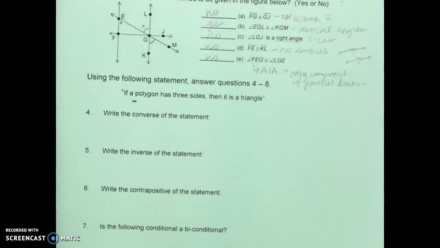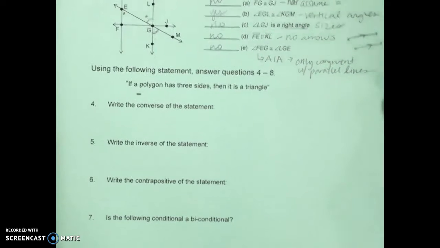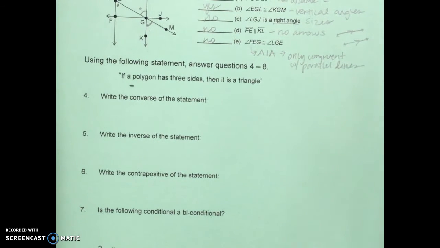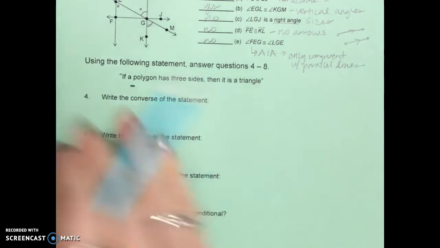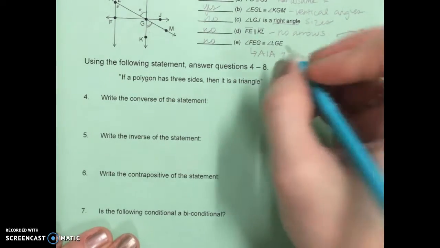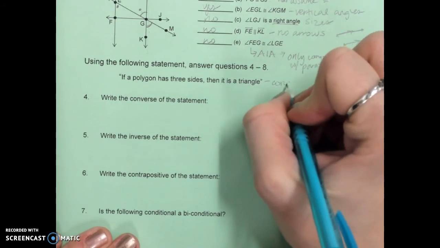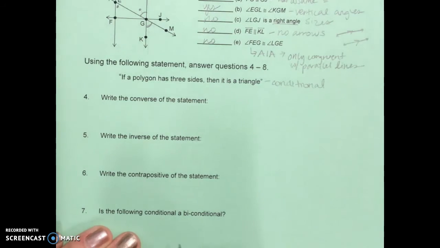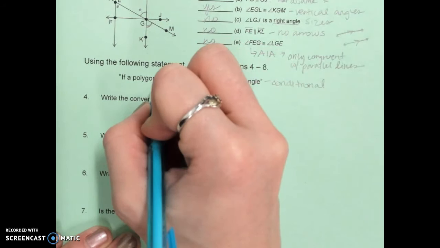All right. Moving on to some of our logic information. If a polygon has 3 sides, then it is a triangle. So this is our conditional. It's what we start with. Inside of our conditional, we have a hypothesis.